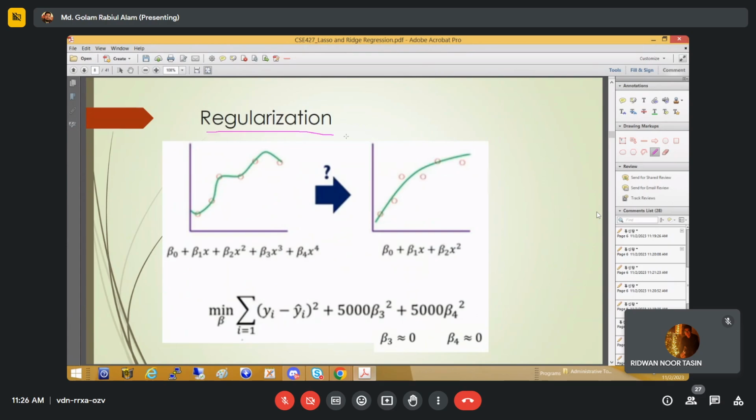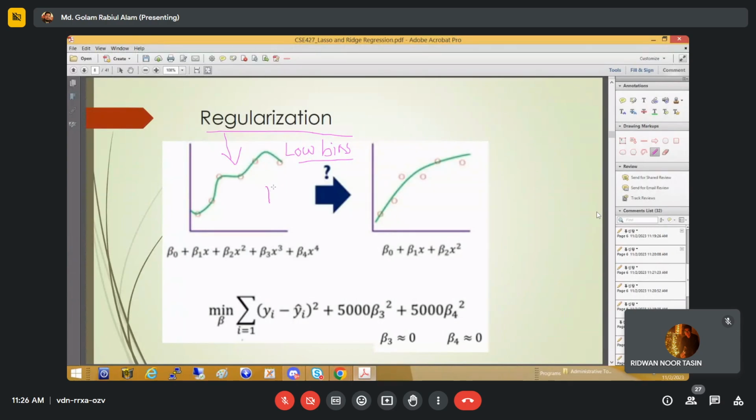But the problem, as I already mentioned, for the overfitting problem: this kind of model has low bias, but it will produce high variance.